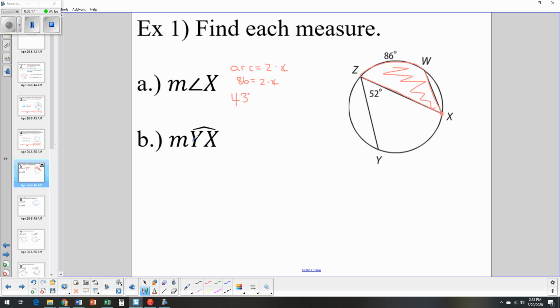If I'm looking for arc YX, that's the arc right here. I'd have to look, where would my flashlight be to show me this light? If I pull back the two sides that made this arc, I see I have a 52-degree angle. So again, I set up arc equals 2 times angle.